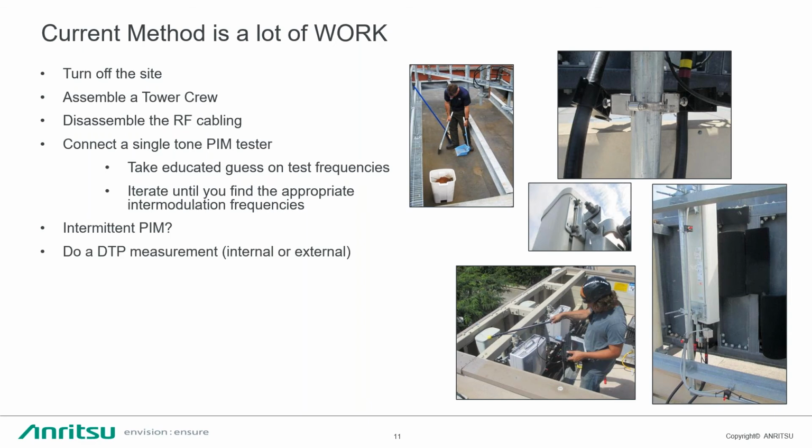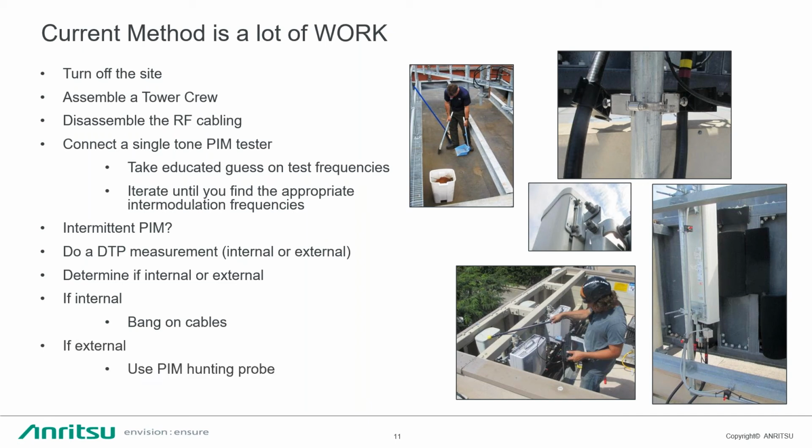You need to do a distance to PIM measurement and determine if it's internal or external. If it's internal, you bang on the cables, which is a sort of industry term, or maybe check the torquing. If it's external, you use a PIM hunting probe like I show in the picture here.